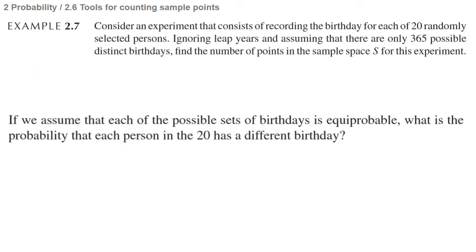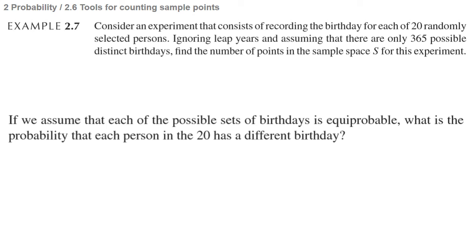Okay, let's move on to example 2.7. Consider an experiment that consists of recording the birthday for each of 20 randomly selected persons. Ignore leap years, and assume that there are only 365 possible distinct birthdays. Find the number of points in the sample space S for this experiment.